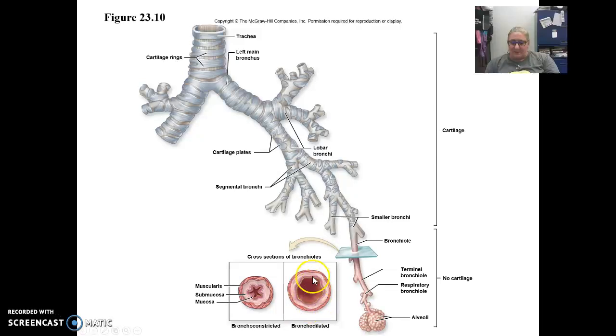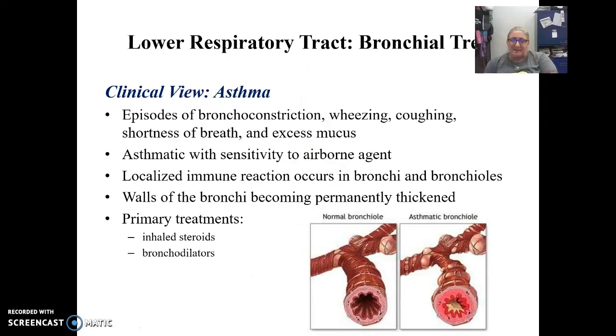So here you can see a dilated bronchi, and there's a constricted bronchi. Oftentimes, constricted bronchi occur when you have problems like asthma. So asthma occurs when the bronchioles get inflamed and get stimulated to constrict.